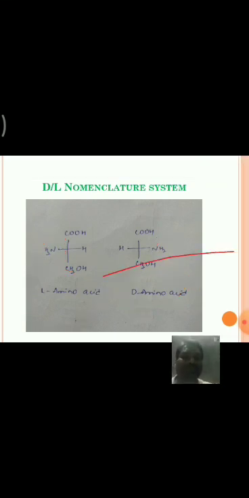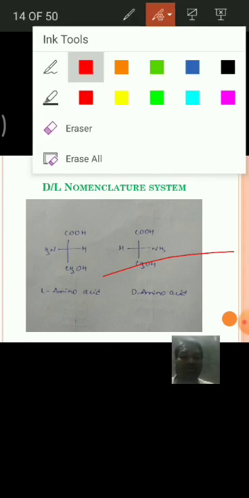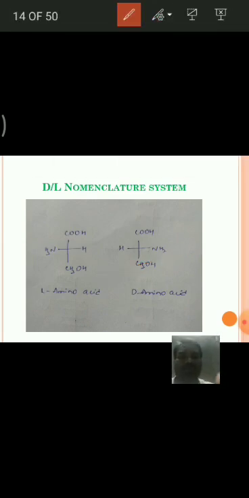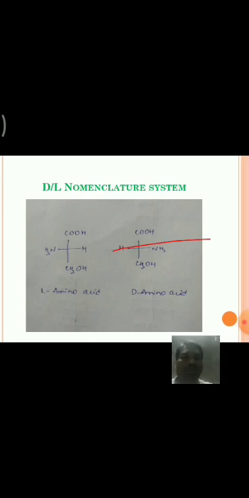And next, this is about DL nomenclature. I think you understood this DL nomenclature. And then coming to the next configuration, it is R-S configuration.